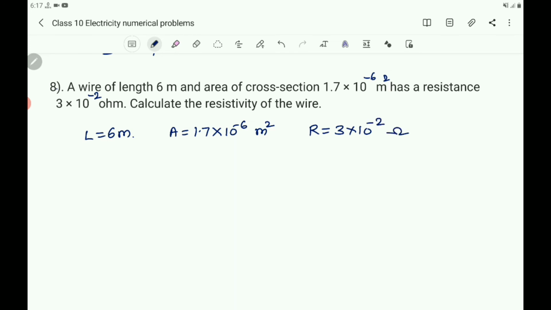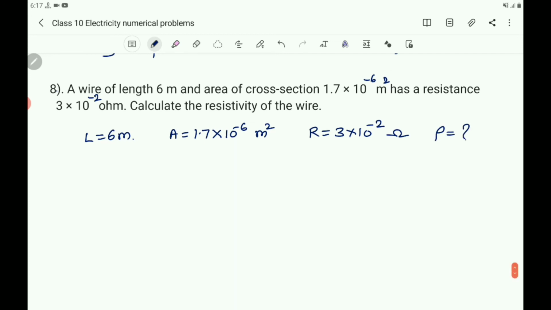Then what we have to find out? We have to find the resistivity, that is resistivity equals question mark, and you write the formula. You know that resistivity into L by A equals rho.